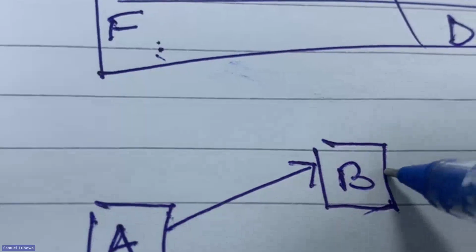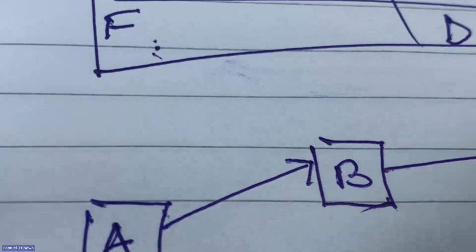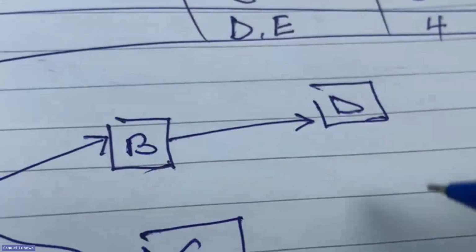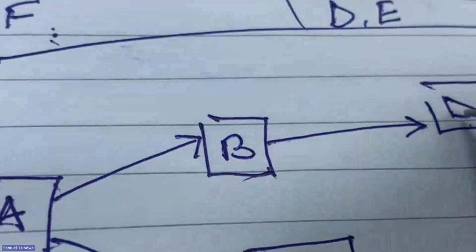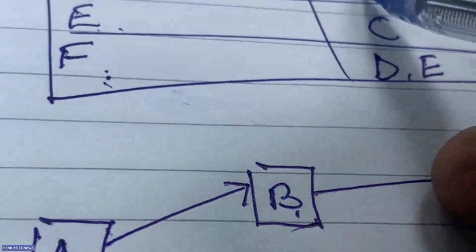So we go to B and say, once this is done, then activity D can start. The way you see it, B is a predecessor of activity D.